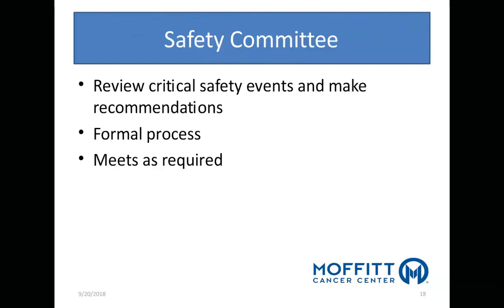As I mentioned, the Safety Committee was created to really review critical events and make recommendations. It's a formal process. Their recommendations are written up and go into a policy manual. The departmental chairs and administrators see these recommendations, and generally they're taken very seriously. The Safety Committee meets on an as-required basis, so they may not always meet, or they may meet a couple of times a month if there are a couple of incidents that have emerged within a short period of time.